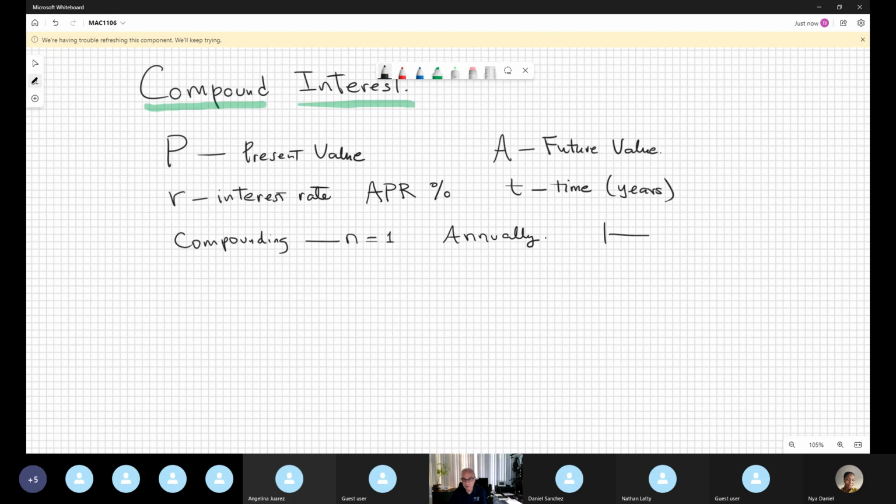In 1 year, this segment indicates 1 year, from 0 to 1 year, we have no transaction in the account. So no withdrawal, no increase in the money. But you have another possibility, that is M equal to 2, semi-annually. What does semi-annually mean? In 6 months, or 1.5 years, you are depositing some money. So basically the compounding is the number of transactions in 1 year.